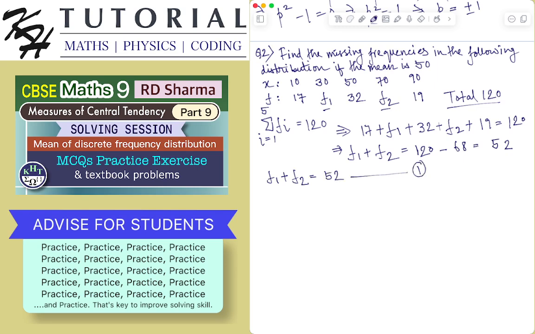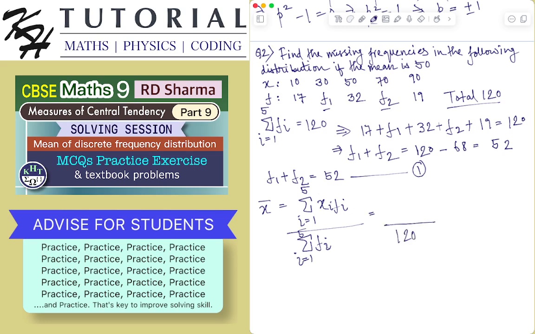Another equation I will get from the mean. Now the mean of the discrete frequency distribution is the summation of xi fi, where i ranges from 1 to 5 because we have 5 unique values, divided by the summation of fi, which is already given to be 120.